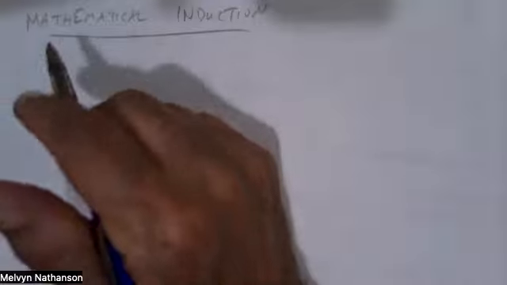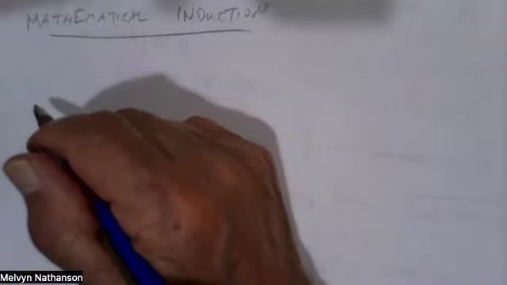And this is a method of proving statements, proving theorems, not just in number theory, but everywhere in mathematics. And it says the following thing. So the statement is a little bit abstract in the beginning, but then I will give some examples to make it a little bit more concrete.